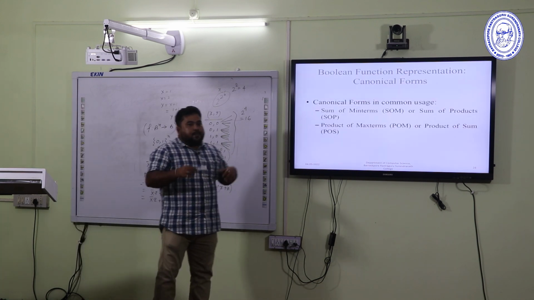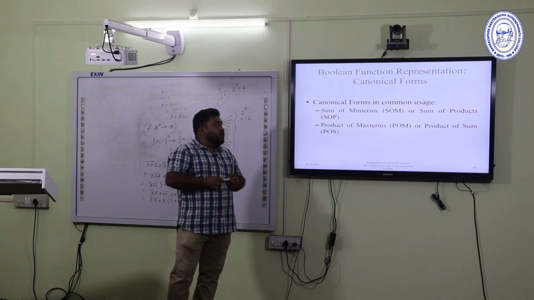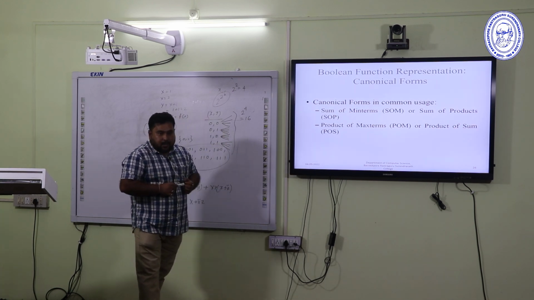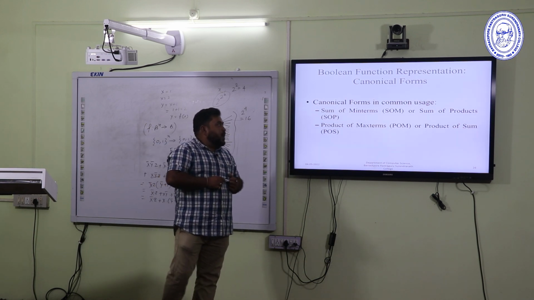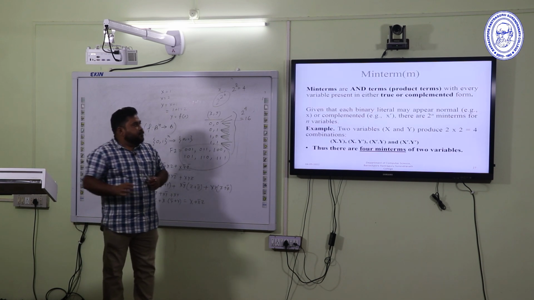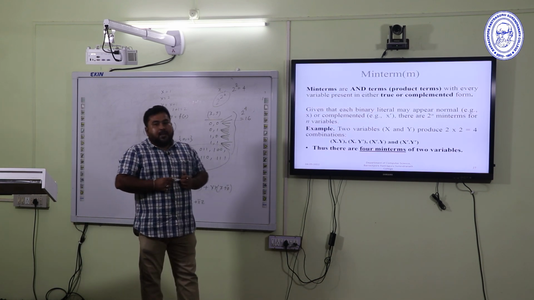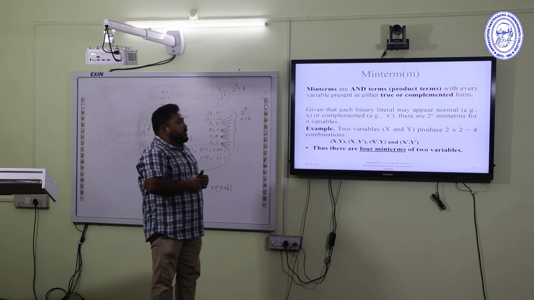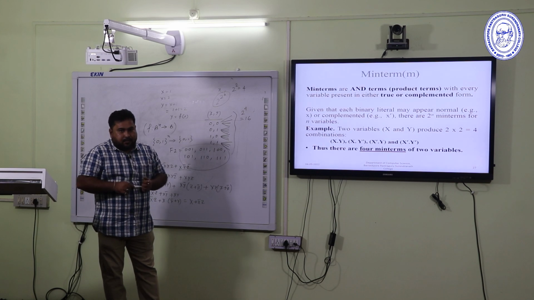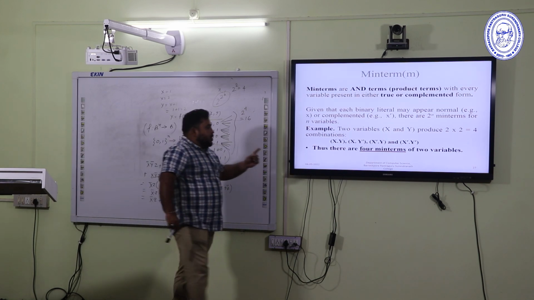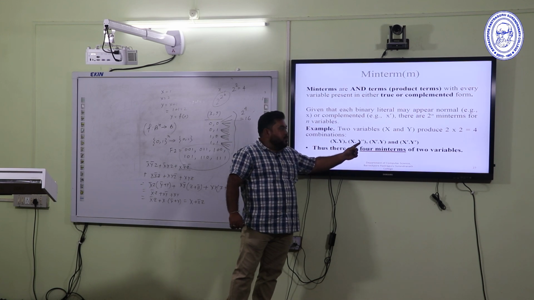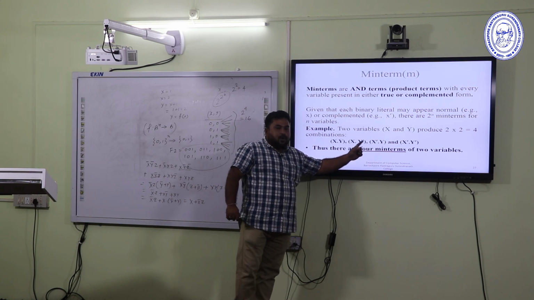Now, to represent the canonical form of a Boolean function, we take two forms: sum of products, that is SOP, and product of sums, that is POS. SOP means the product terms, the min terms. Here there are 4 terms in the case of 2 variable functions: x dot y prime, x prime dot y, and x prime dot y prime.